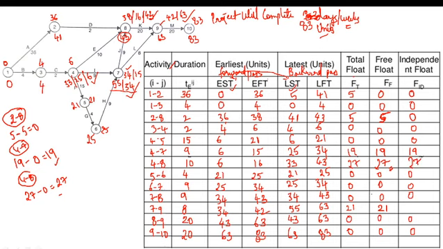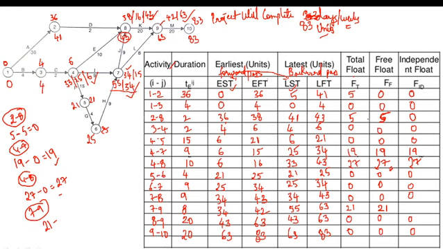Now, activity 7 to 9. What is the free float of activity 7 to 9? 21 is the free float. Where is the 7 to 9 activity? It is over here. Which activity is the previous tail event? Either 4 to 7 or 6 to 7. The total float of 4 to 7 is 19.